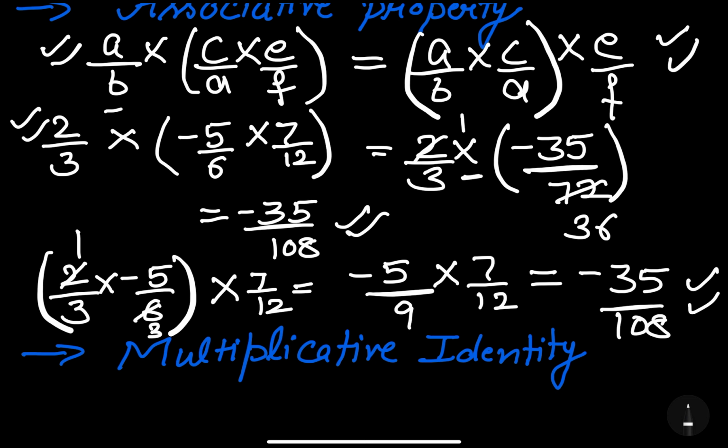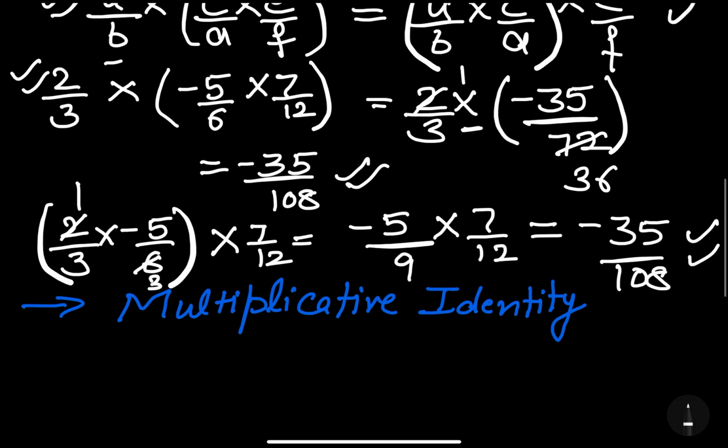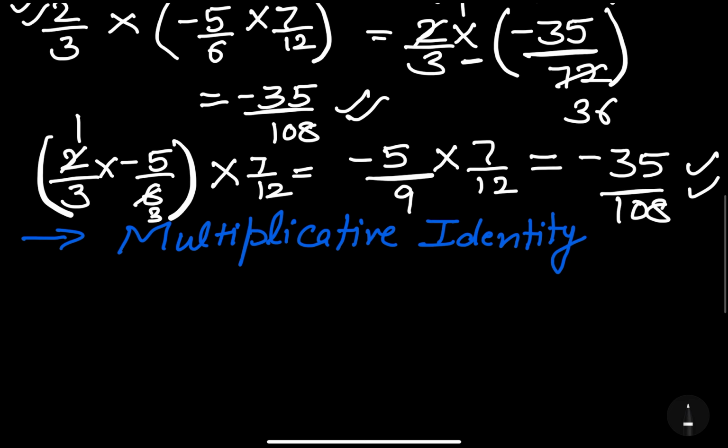Now the next property is what? Multiplicative identity. In grade 8 papers they have asked so many times about this property, multiplicative identity. What is multiplicative identity? Multiplicative identity is a number which, when multiplied with a rational number, the answer which we will get is always the same. What is the meaning of that?